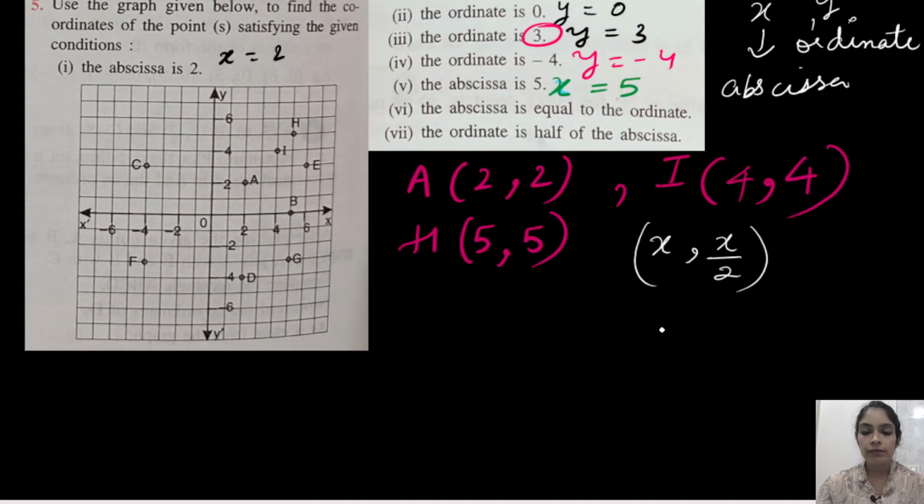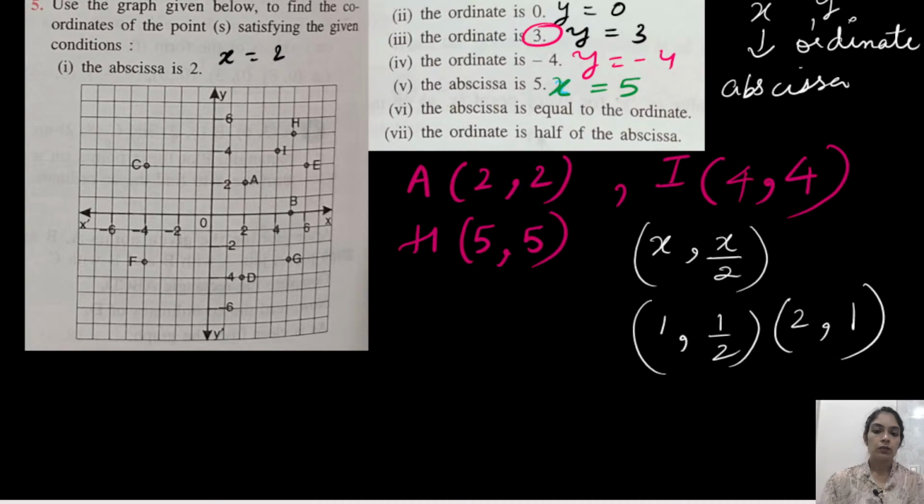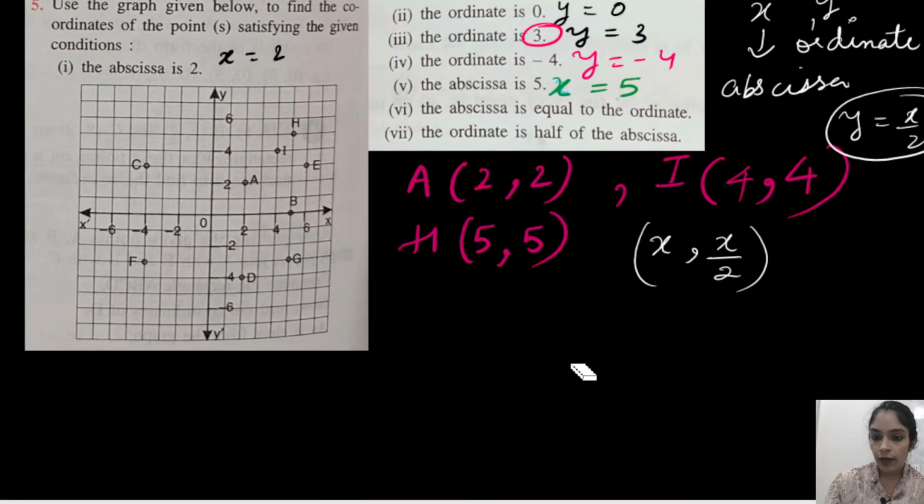For example, if x is 1, then y is 1 by 2. If x is 2, then half of 2 is 1. So ordinate means y is half of x. We have to find these types of coordinates now.